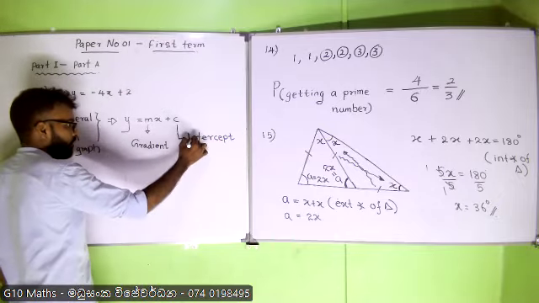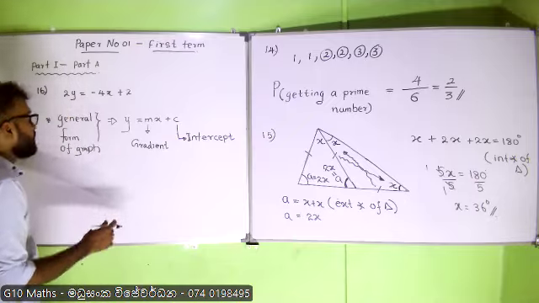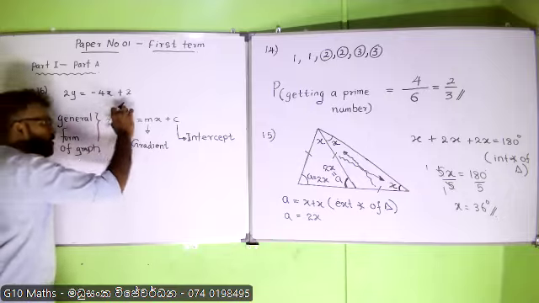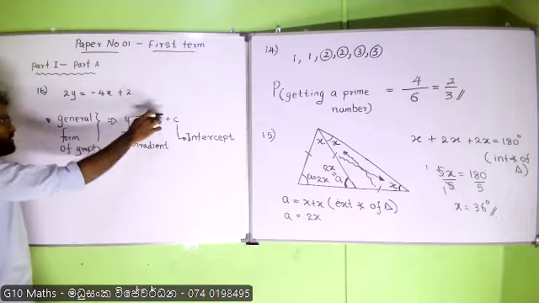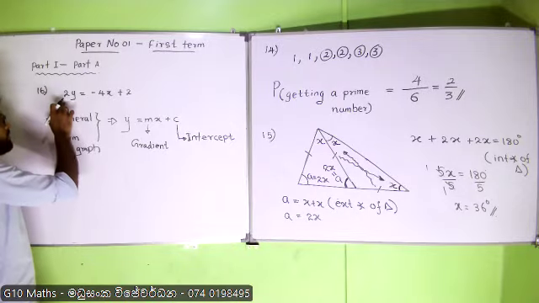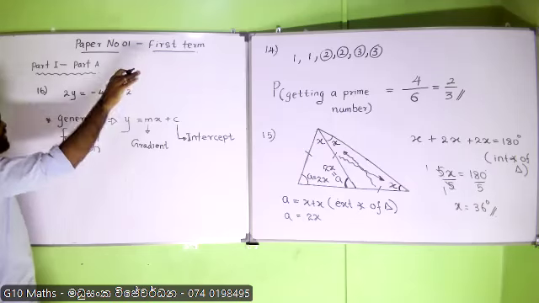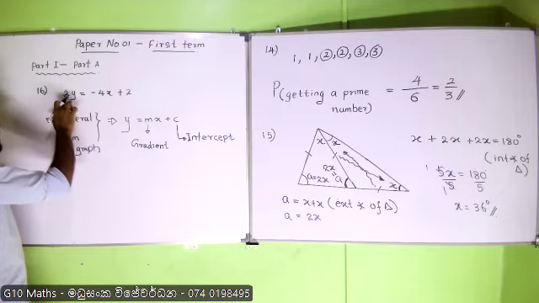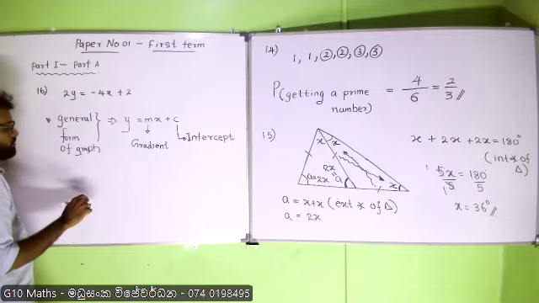Alright. Now this is a function which is not according to y equals mx plus c. This is something like 2y equals blah blah blah, not y equals. I need to make sure that I have y equals something, right?